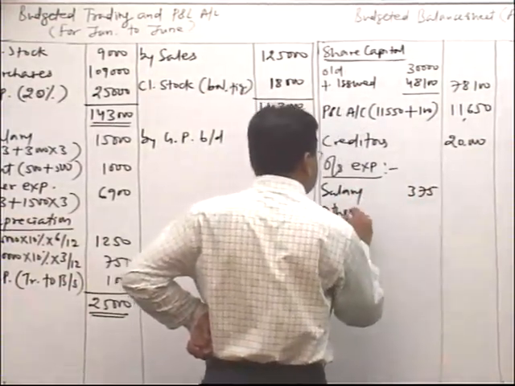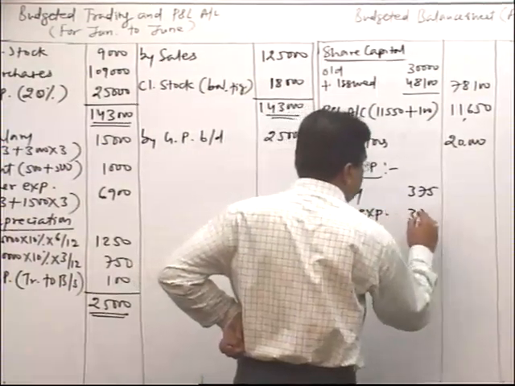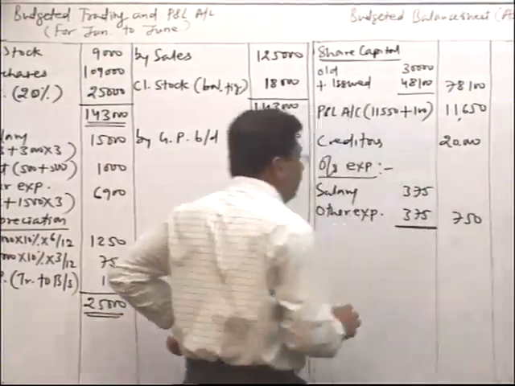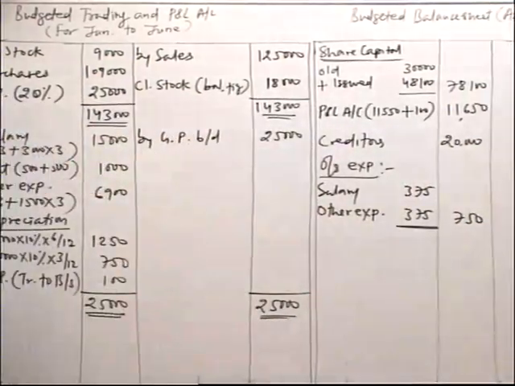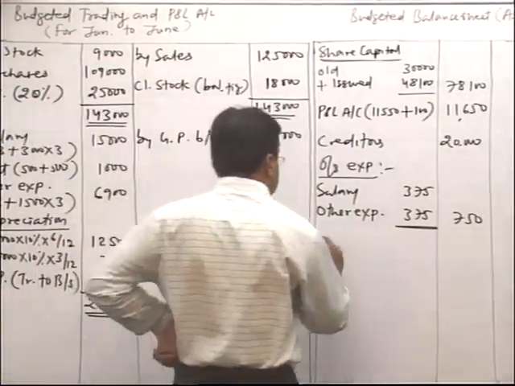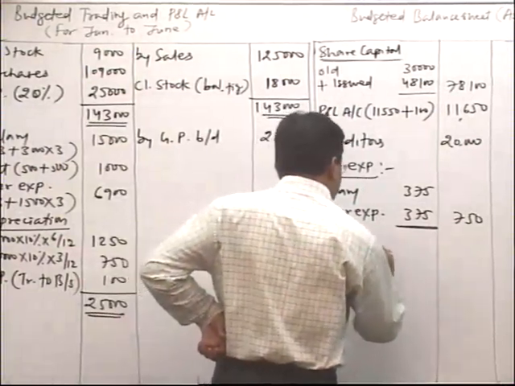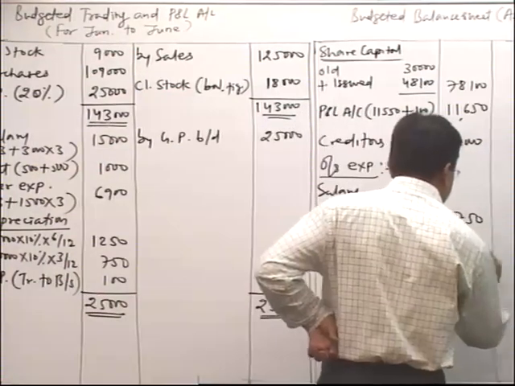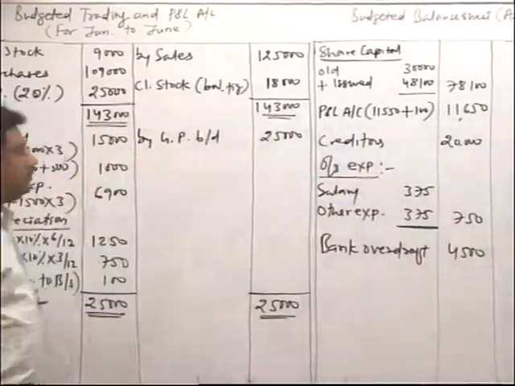Same way, other expenses outstanding is also 375. In case of other expenses, we are paying 3/4 of other expense of June in June, and 1/4 will be paid in July. So it will remain outstanding in the balance sheet of June. And last one is bank overdraft. See the cash budget. In cash budget, the bank overdraft is 4,500 in June.